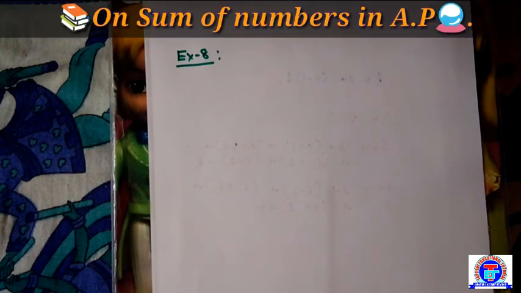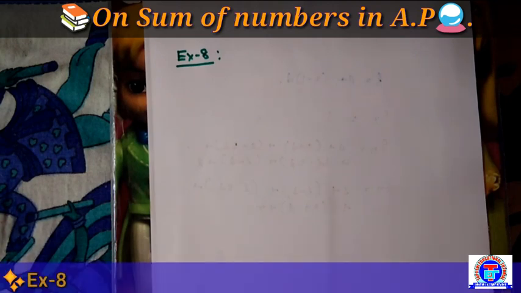Now my dear student, here we understand the sum of numbers in AP. The example number 8, here the problem is find 1 plus 4 plus 7 plus ... to 20 terms.